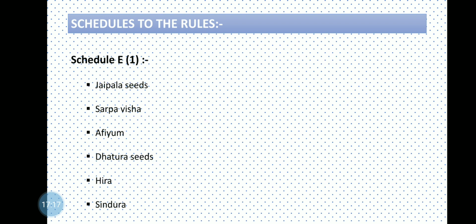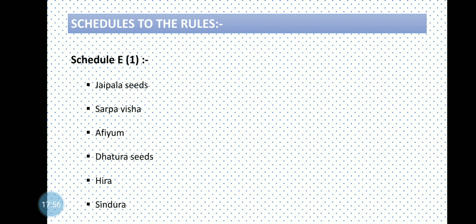Then next one, that is Schedule E1. Now always remember, if in your examination Schedule E is asked: Schedule E was present in your Drugs and Cosmetics Rules 1945, plain Schedule E, up to 1982. But in 1982, on 26th June, the amendment of the DNC Act was done by the central government.